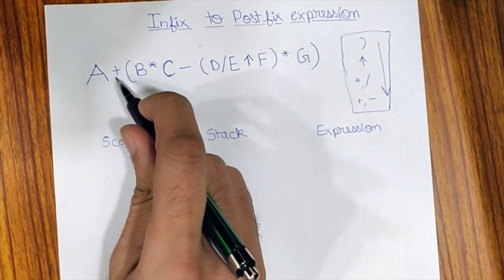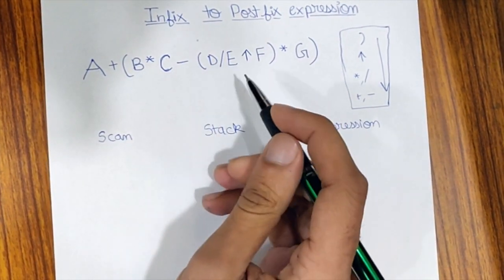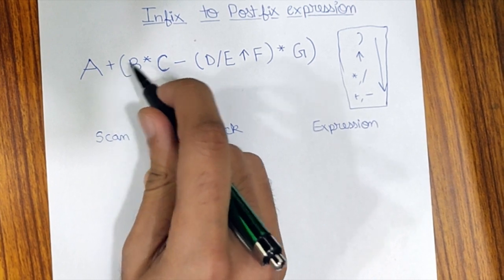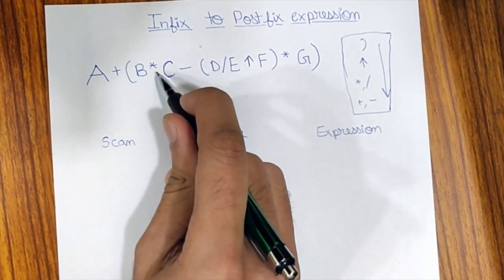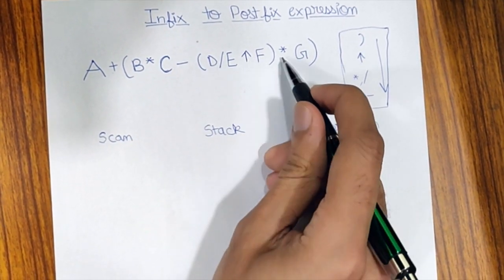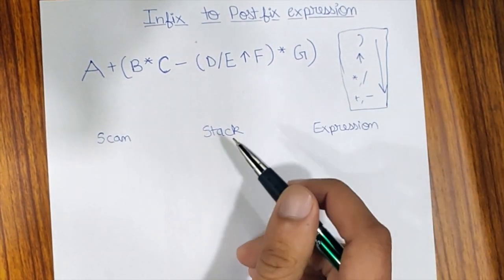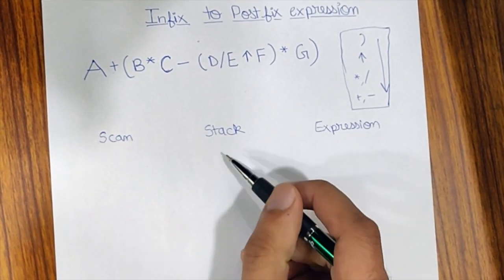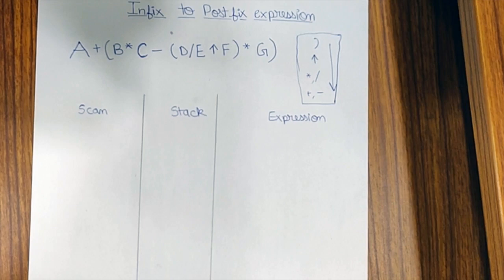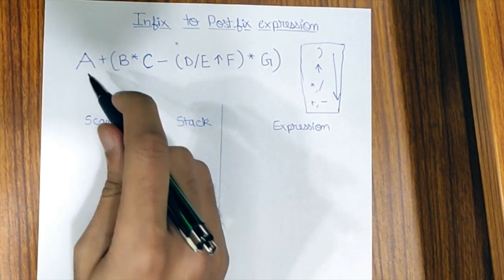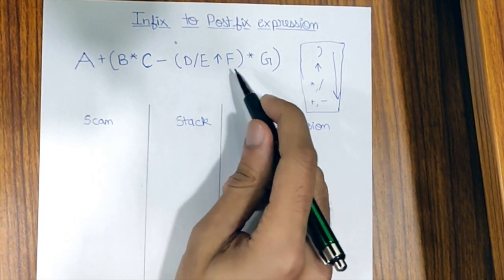Operators are basically symbols, algebraic operations that they perform. These plus, star, minus, divide, exponential, and brackets are our operators. We're going to be putting them in the stack, and these alphabets are the operands.